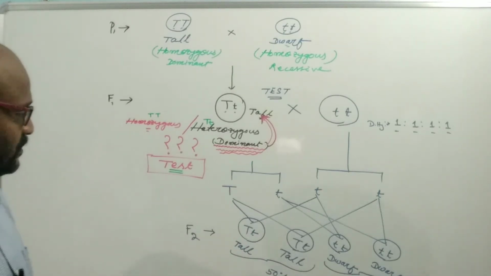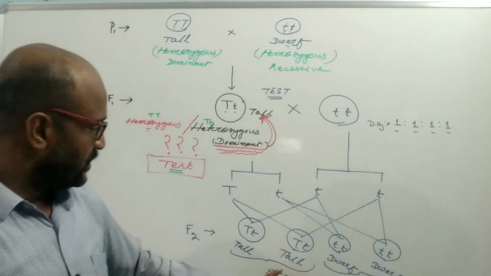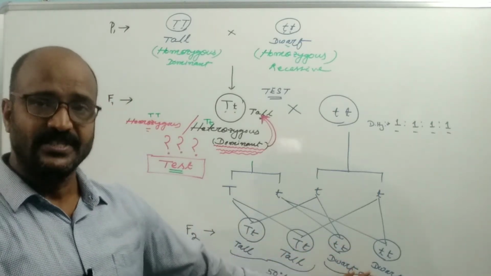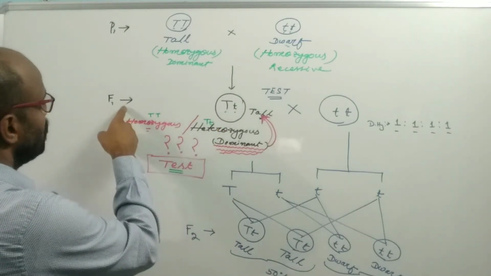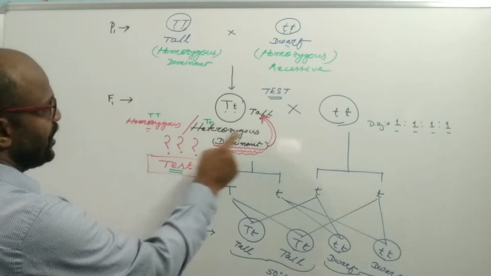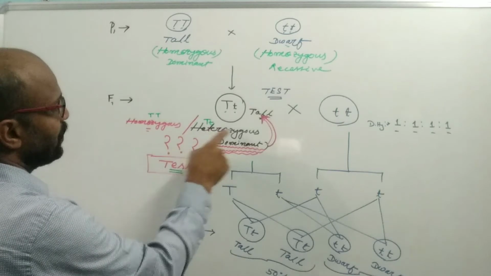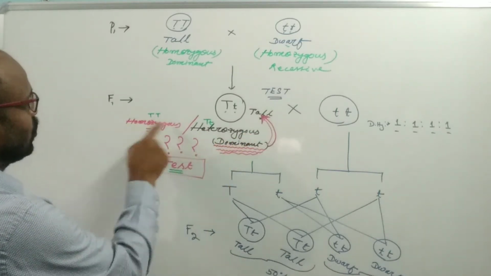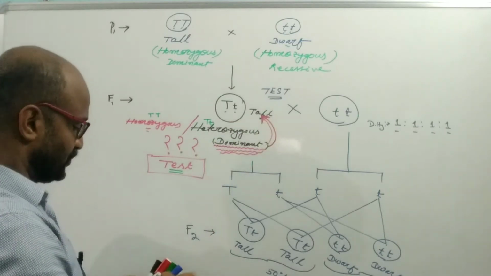So it is confirmed that the ratio will be 1:1, 50% dominant and 50% recessive. It confirms that the phenotypic expression of the F1 offspring comes from the heterozygous condition. So the F1 offspring is heterozygous dominant, not homozygous dominant. This is known as the test cross.